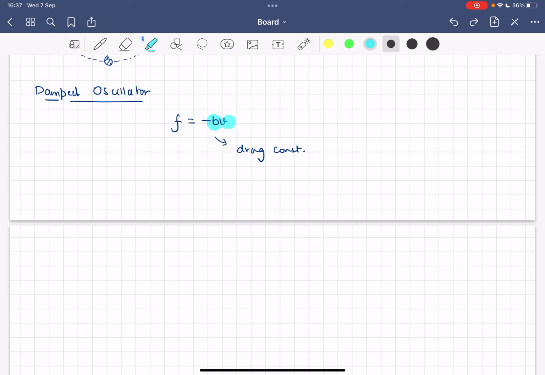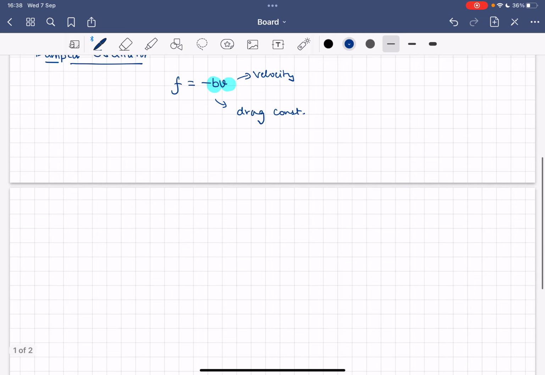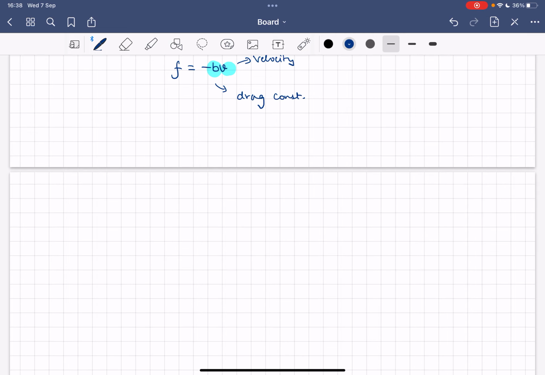If I were to write the equation of motion for this, it will be given as m x double dot plus b x dot plus k x equals 0. This is the differential equation for a damped oscillator.